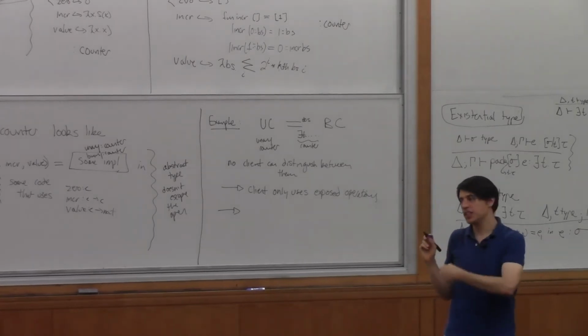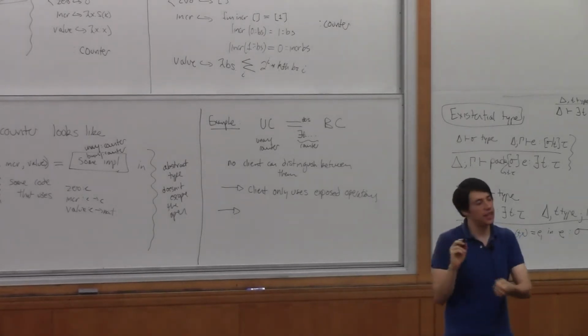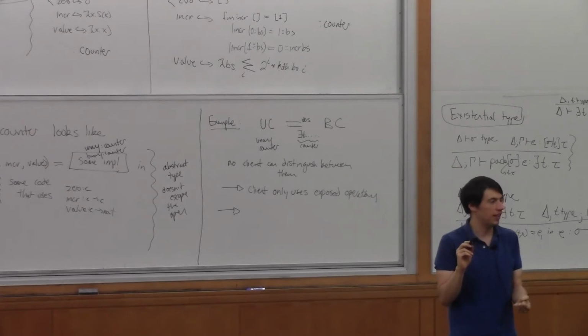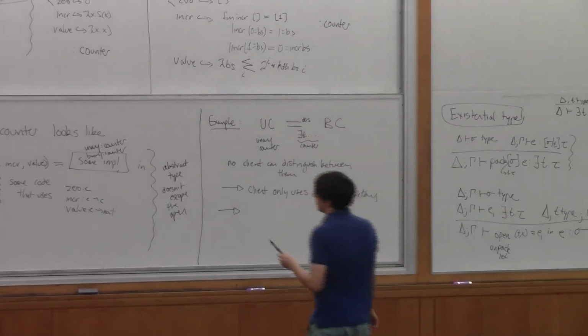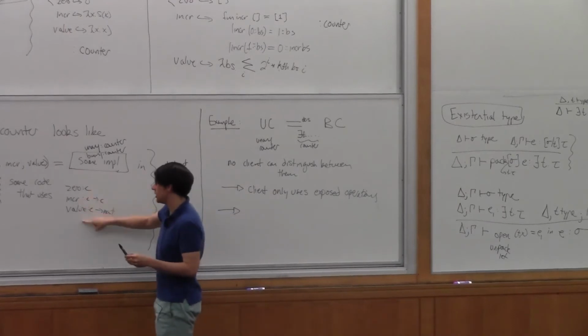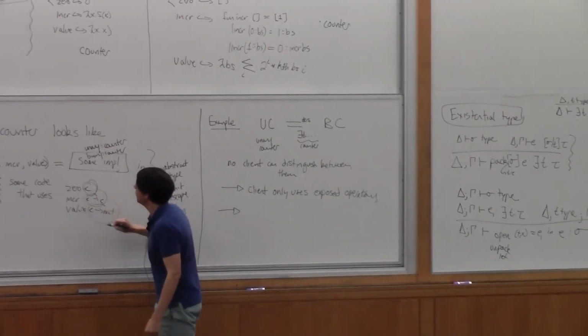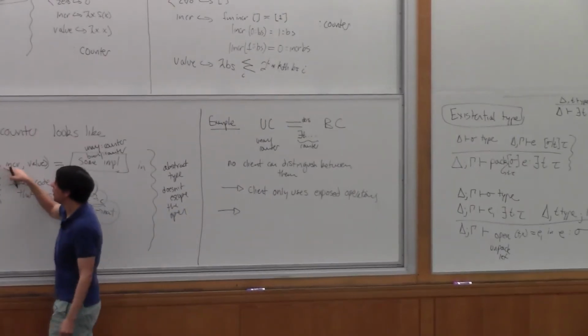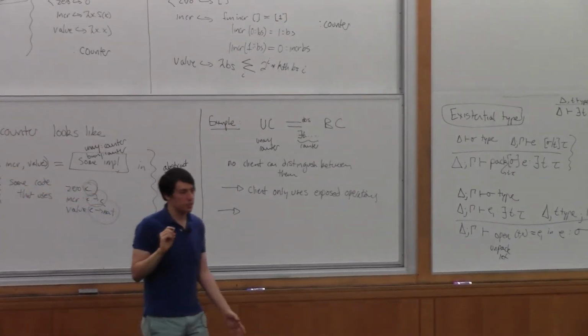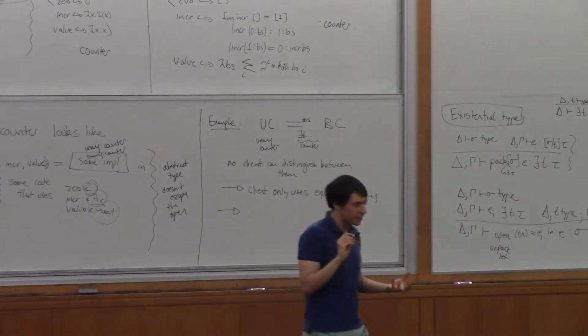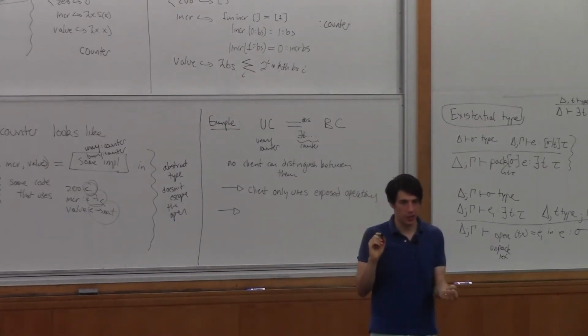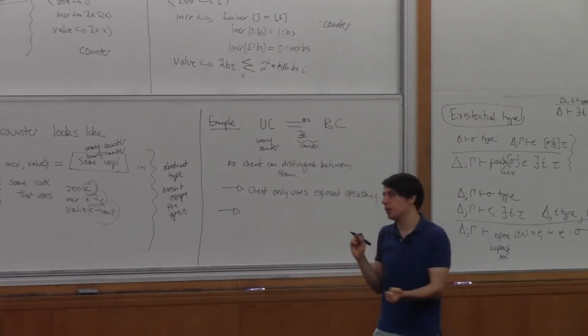If the client opens a binary counter, it can't do an operation on the counter that only applies to a list of bits. It has to only use these operations, 0, increment, value, because C here is a type variable, which means that the type of the representation of the module is held abstract in the client code. Okay? So that's point one.